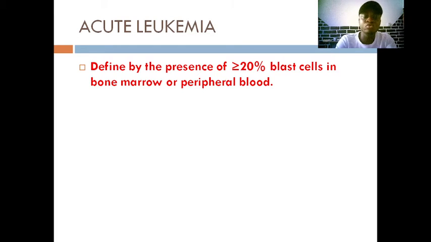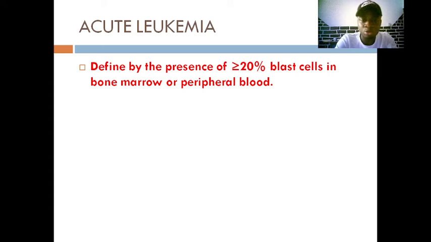But then if you view your bone marrow smear or peripheral blood smear and you observe more than 20% blast cells, it is telling you that this patient may be having acute leukemia.